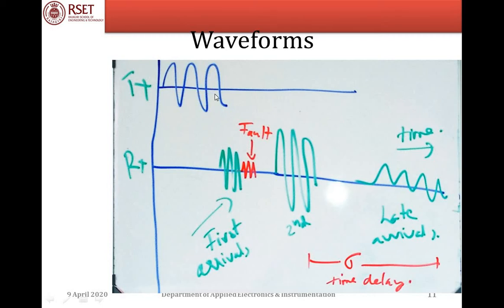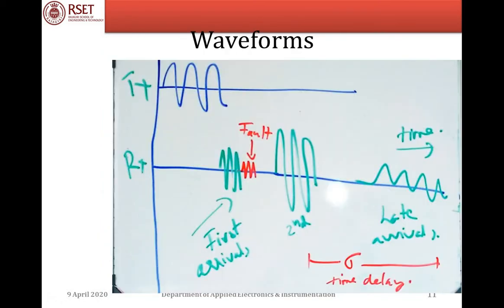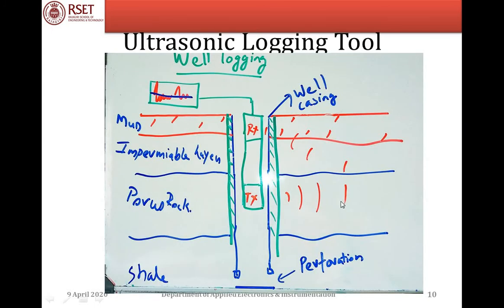This is the transmitted waveform. This first arrival corresponds to the pipe, the well casing, or the metallic structures of the well casing. Now you can see the second arrival that corresponds to the immediate rocky layers that are in contact with the well bore.